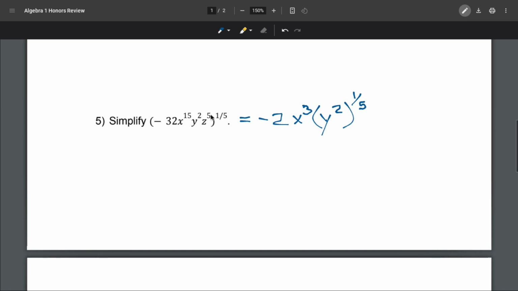And then z to the 5th power times 1/5 is just z to the 1st power, or just z. All right, so rewriting this, I'm going to rewrite this as -2x cubed z, and then I'm going to do the 5th root of y squared. And I'm going to leave my answer like this.